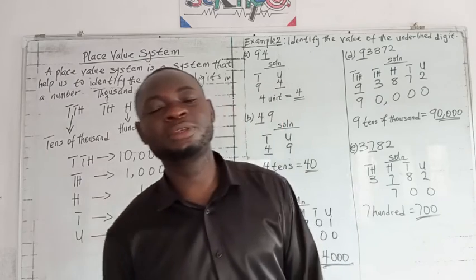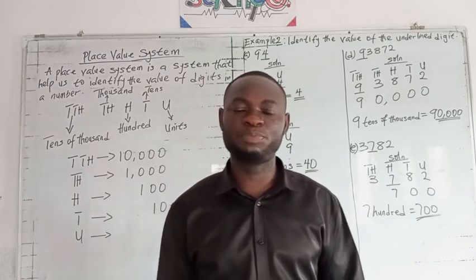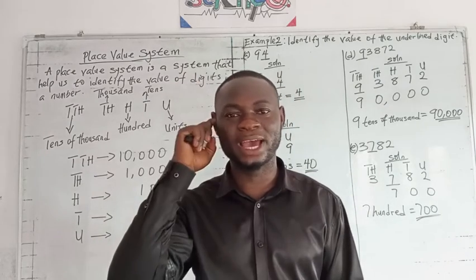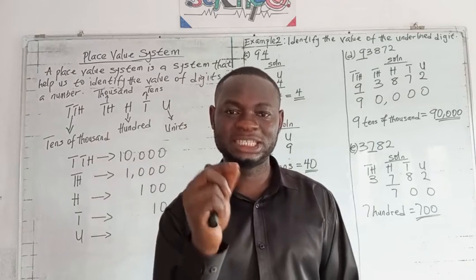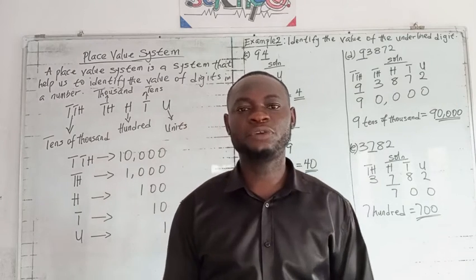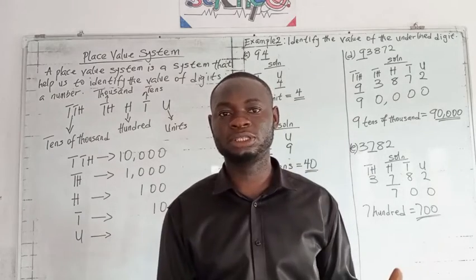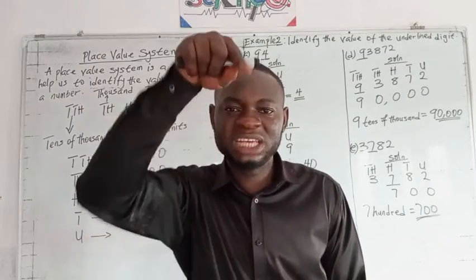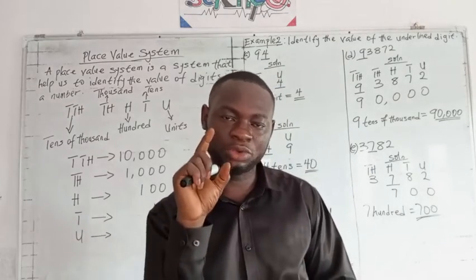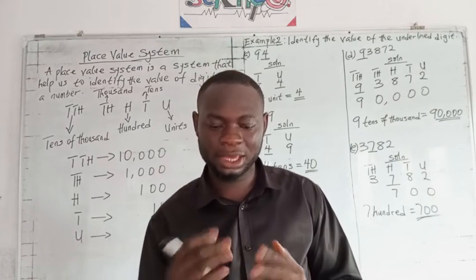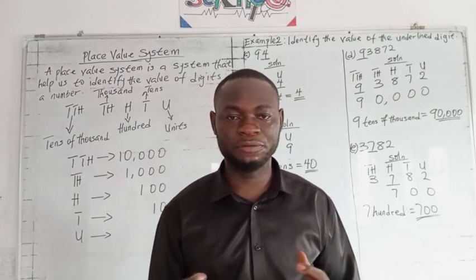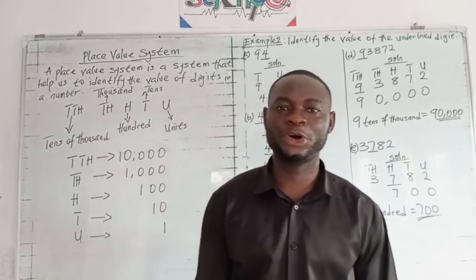So whenever you are faced with a problem that you need to identify the value of a digit in a number, first of all, arrange the number in place value system, then identify the place value of that particular digit you are looking for, and from there, bring out the value of the digit. Is that okay?